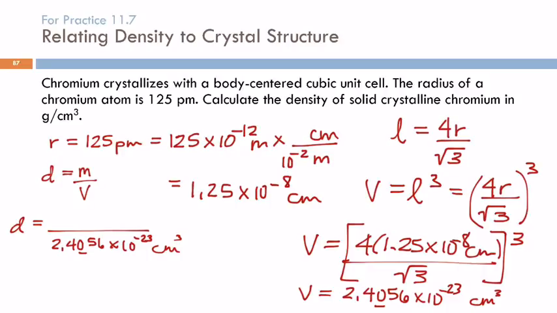Because we know how much 1 mole weighs, right? So I'm going to take 2 atoms, and there's 6.022 times 10 to the 23rd atoms. That's 1 mole, and how much do those weigh?